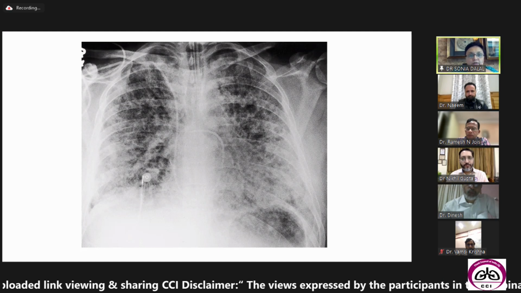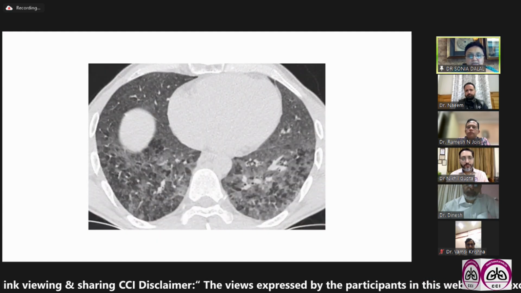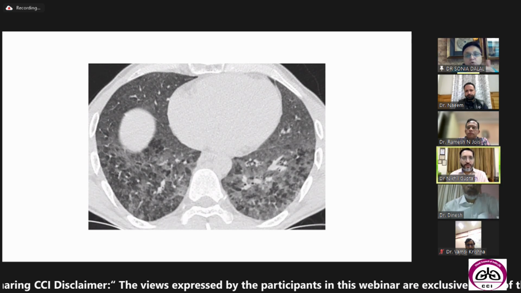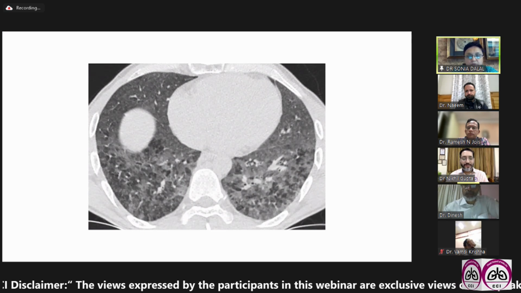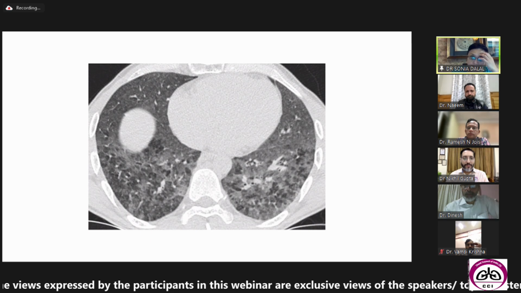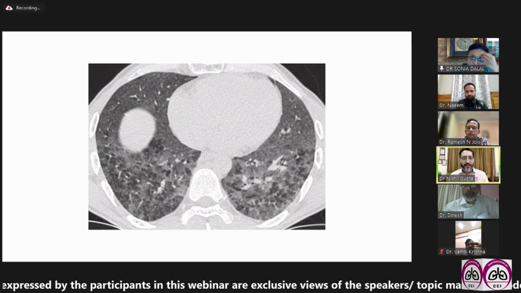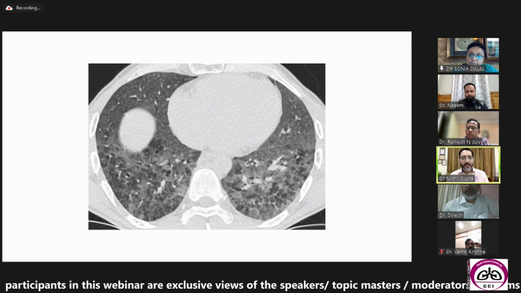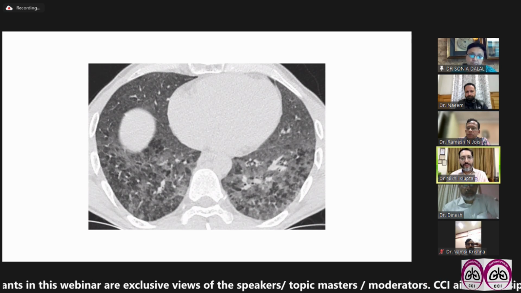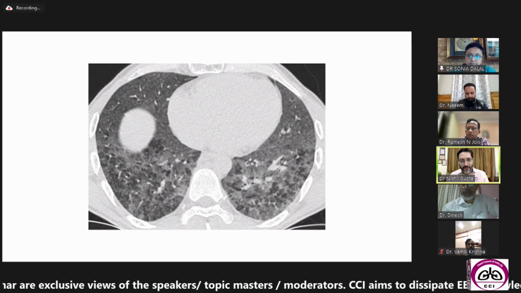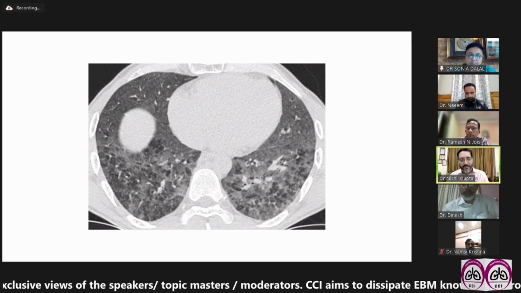And this is the CT scan, sir. Would you like to throw a highlight on this? So this CT scan, sorry, I don't have a video. I have put in one picture of this, which is of the lower lobes. The CT section shown here shows diffuse ground glass opacity bilaterally in the visualized lung field.